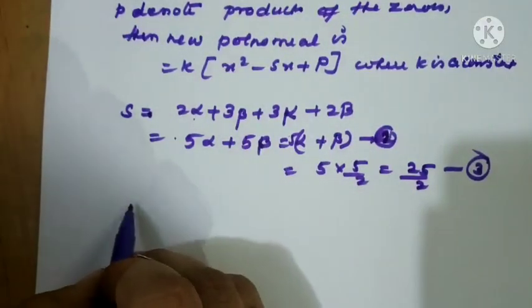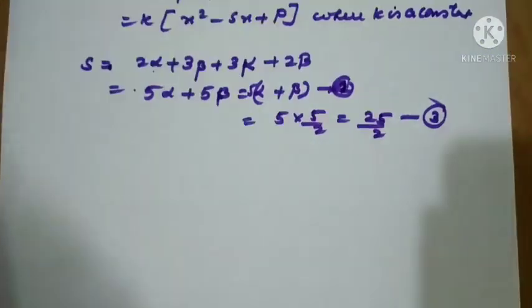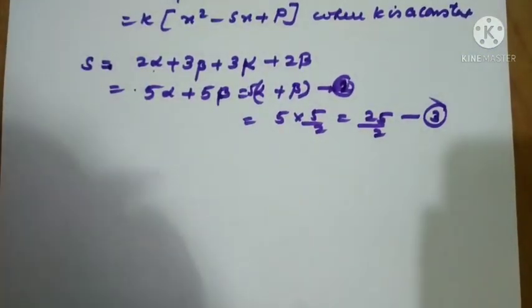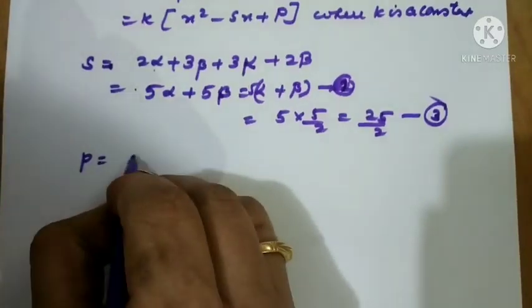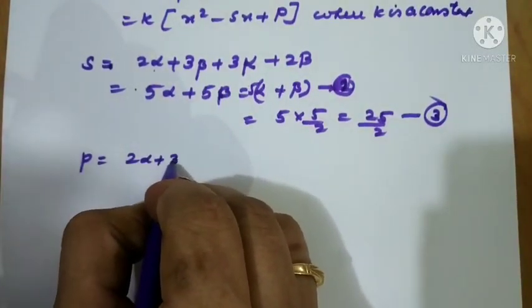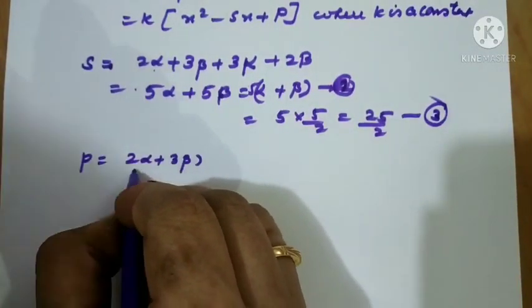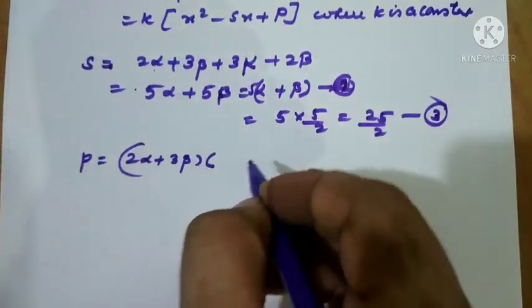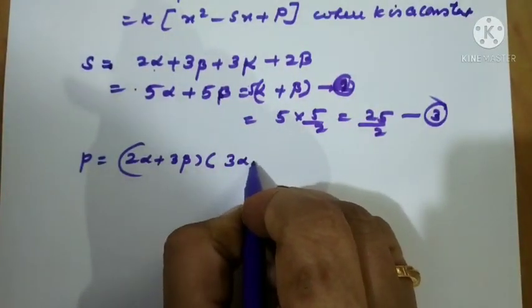Now what is the next? Product of the zeros. P is equal to 2 alpha plus 3 beta into 3 alpha plus 2 beta.